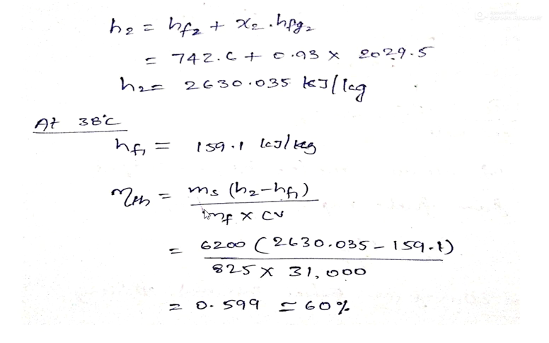The mass of the fuel, that is coal, is given as 825 kg per hour, and the calorific value is given as 31,000 kilojoules per kg. When you simplify, you get 0.599, meaning 59.9 something percent, approximately 60%. So this is the efficiency of the boiler from this given data.